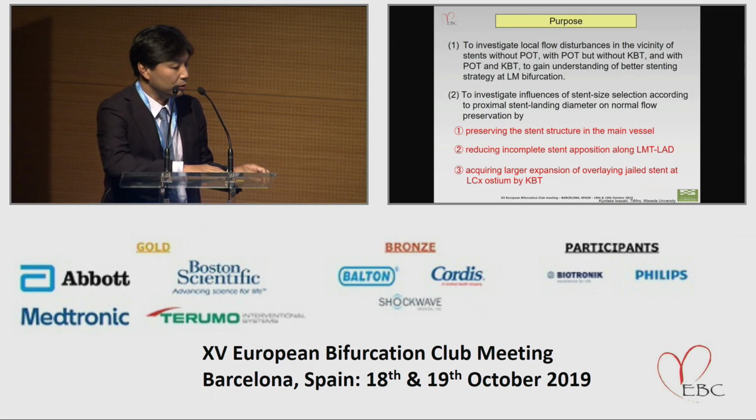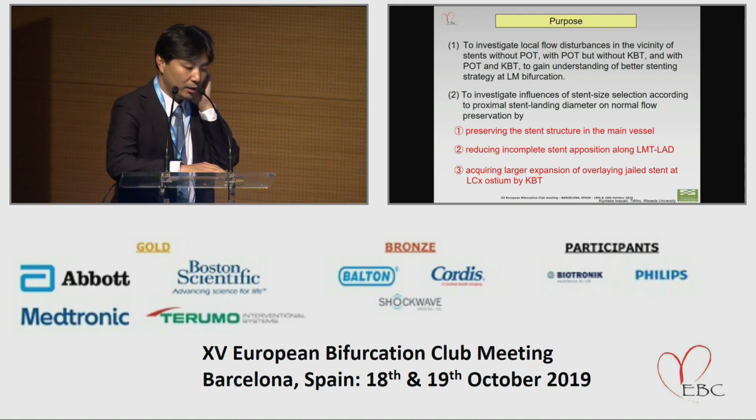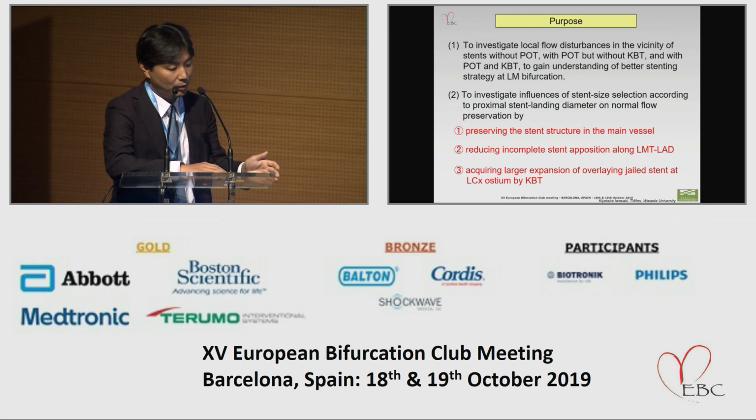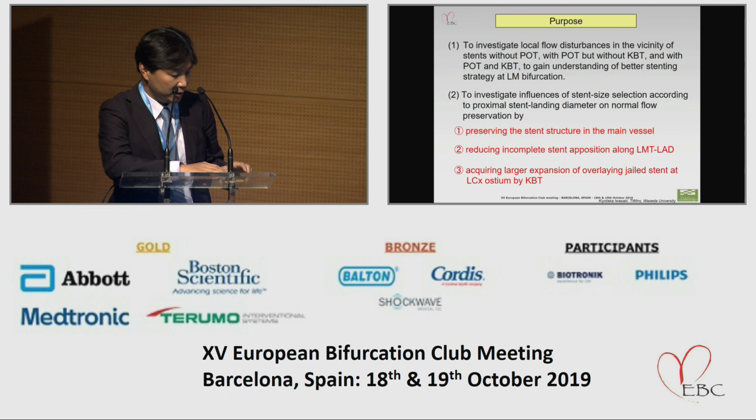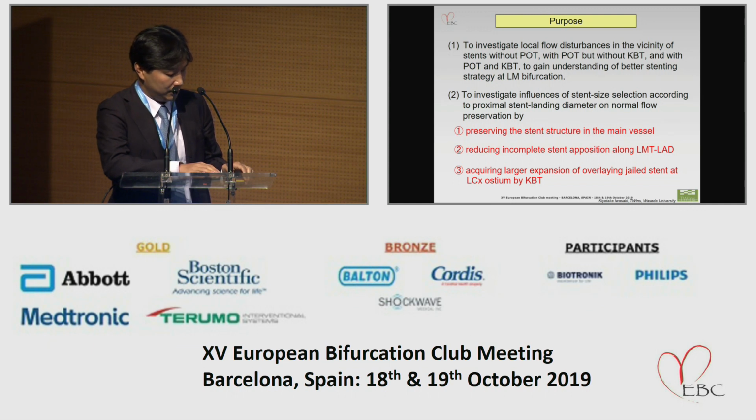The aim is to investigate local flow disturbance in the vicinity of a stent without POT, with POT but without KBT, or with POT and KBT, to gain understanding of the better stenting strategy, and to investigate the influence of stent size selection according to the proximal stent landing diameter on normal flow preservation, by preserving stent structure in the left main vessel, reducing incomplete apposition and acquiring larger expansion of the overlaying jailed stent at the CX ostium.